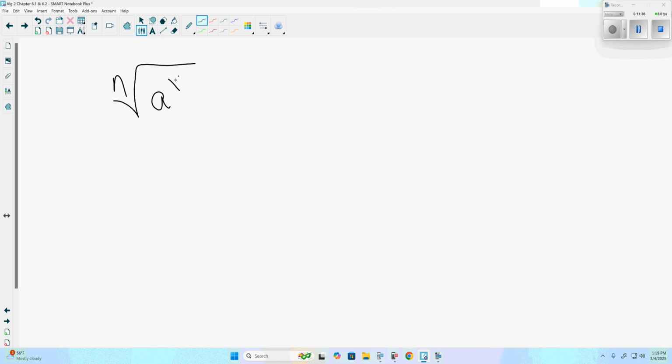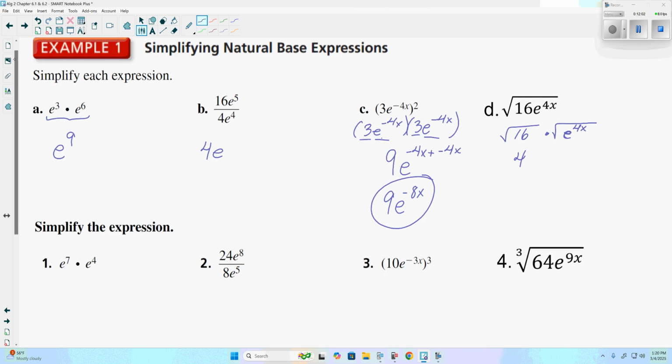But the nth root of a to the x is equal to a to the x over n. These are equivalent statements. A radical is the same as a fractional exponent. The denominator, the bottom of this exponent, is the index or root. And our power attached to our number inside the radical goes on top. So if we look at this here, e as a fractional exponent, the root, because it's a square root, is 2.